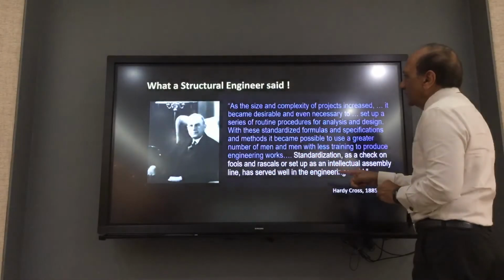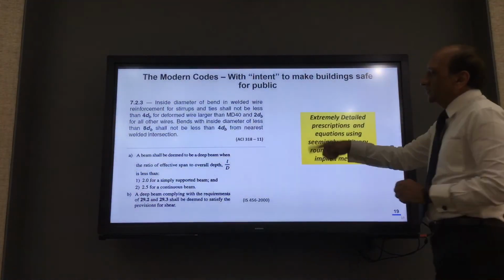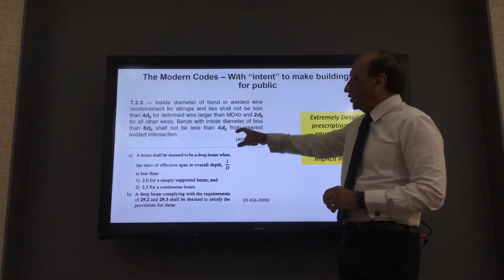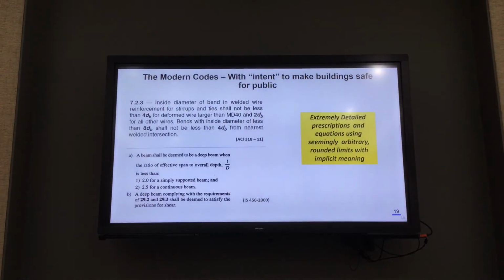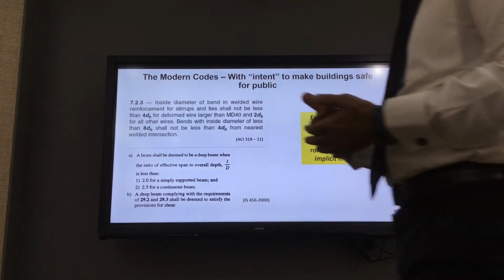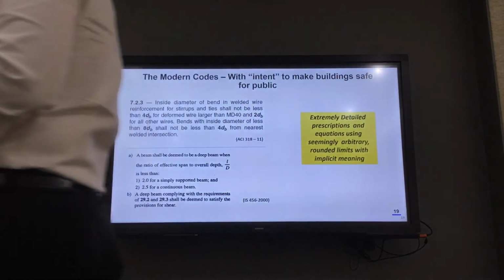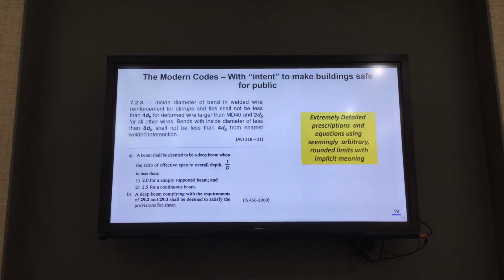For example, if you change any small thing in the code, I would like to know what is the effect. I would like to know why the spacing of the stirrup has to be 10 centimeters in the beam zone. Why not 11? Why not 12? Can I make it 15? Can I make it 13? I would like to know. I would like to challenge that provision. But the code does not give me the ability to do that.